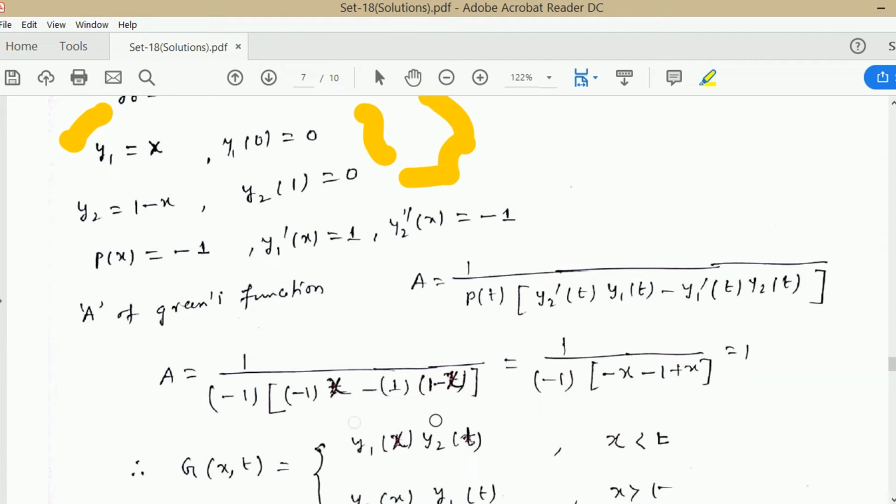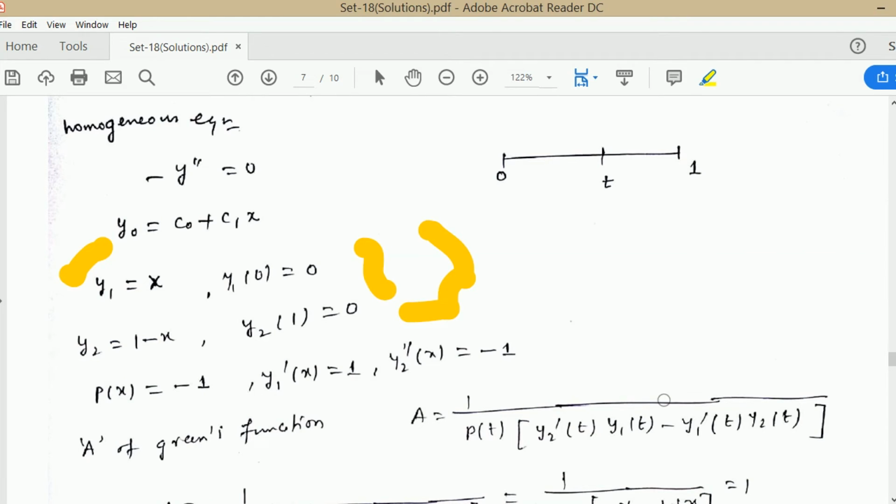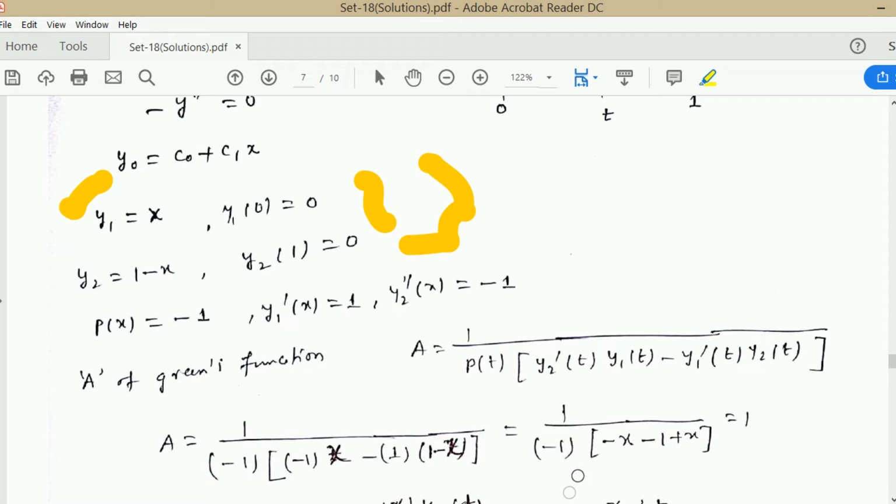So minus 1 into y1 t, which is t, minus 1 into 1 minus t, so you will get 1. This formula is for t, but here we are dealing with x, so we have replaced t by x.